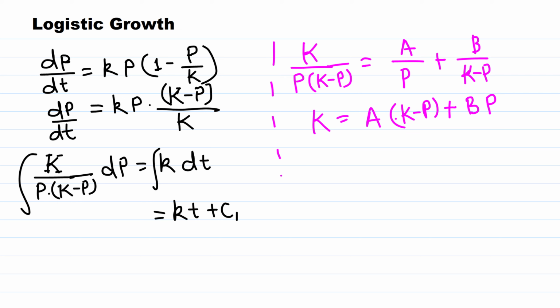Let's take P equals K. That means K equals, this is 0, B times K.